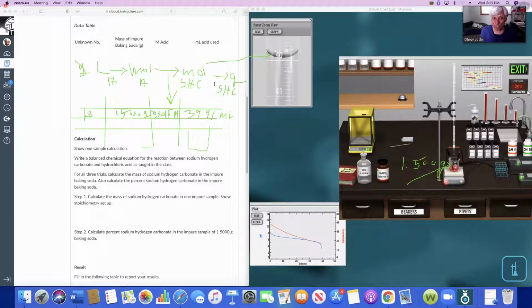That's the part that is reacting in this 1.5 grams, what we have in this beaker with the reddish liquid now. This is what we need to understand first. Once we understand that, we find the grams of sodium hydrogen carbonate, and that is a calculation everybody should be able to do. So let's finish that calculation.